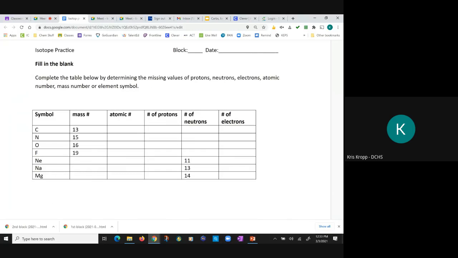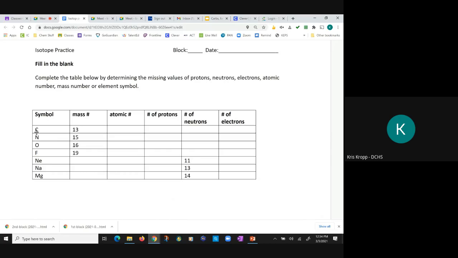Again, you're going to have a periodic table in order to do this practice. I'm going to do just a couple of these with you, and then I'm going to let you fill in the rest on your own. So let's start here with the first one. Number one always seems like a good place to start.